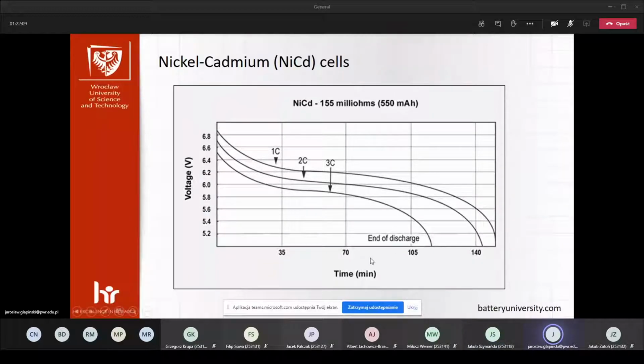This is time, minutes, hours. This is the current. This is the voltage-time curve. So if we sum this, of course, this is the capacity of the accumulator. Yes, this area.